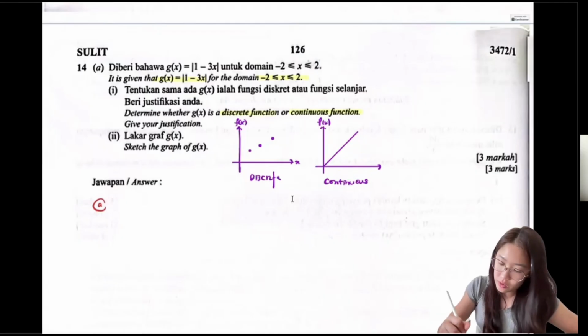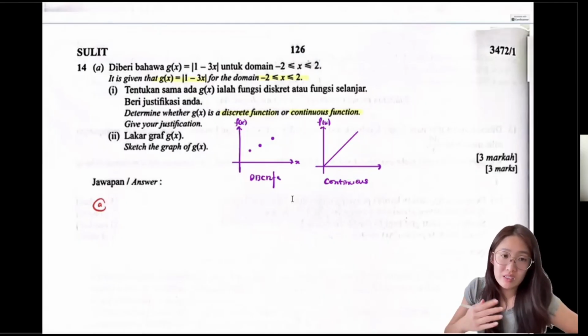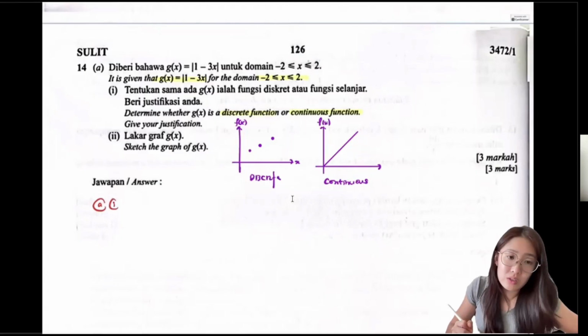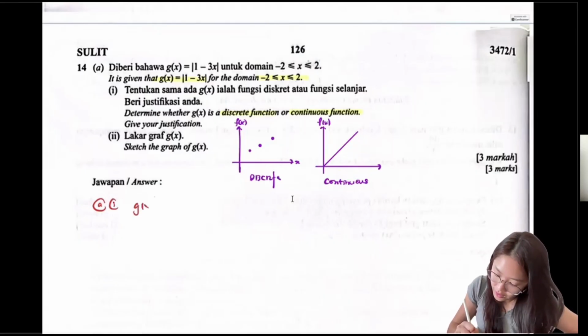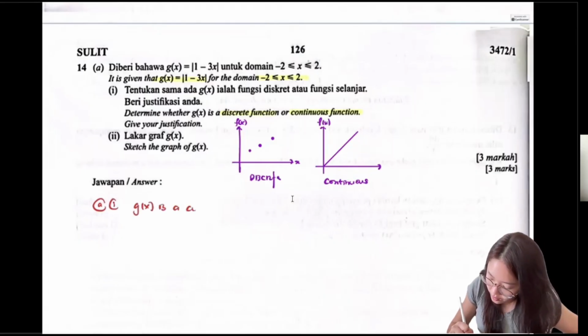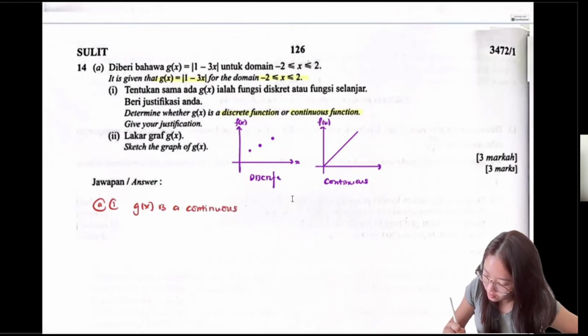So as I said just now, if you have modulus, it is a V shape. So there are lines, correct? This one is a theory question. You will write g(x) is a continuous function.